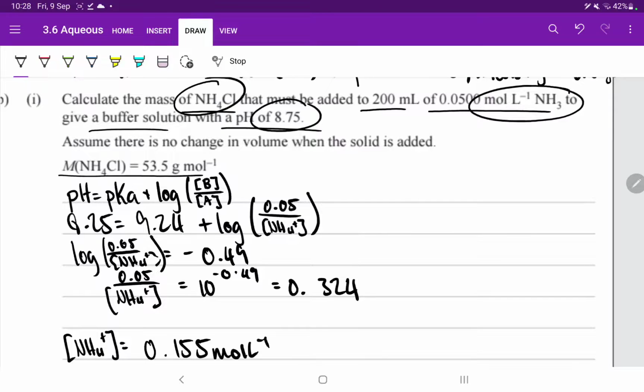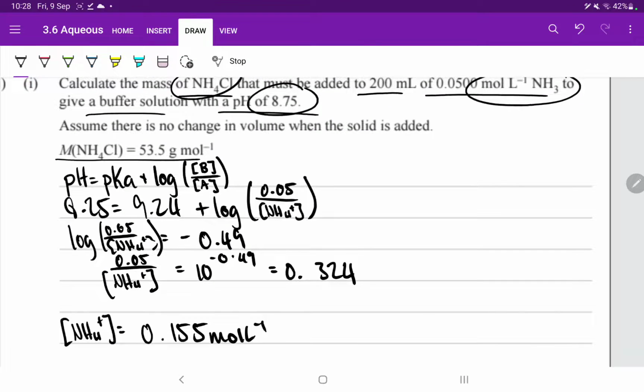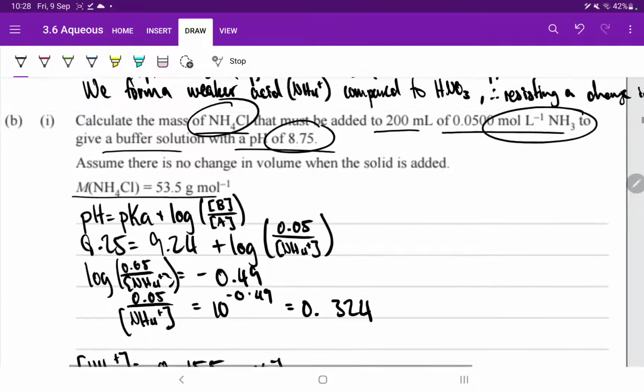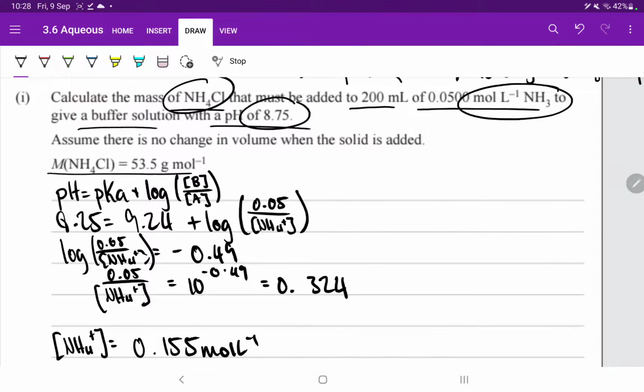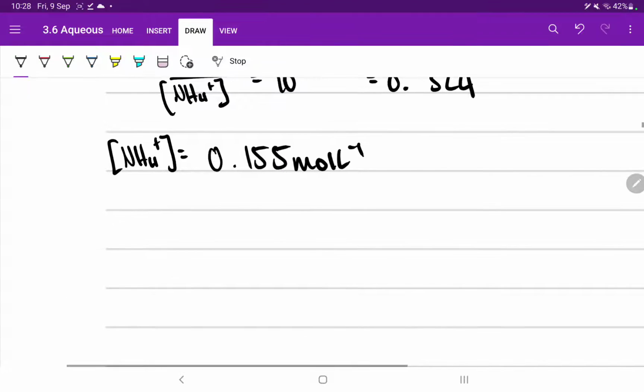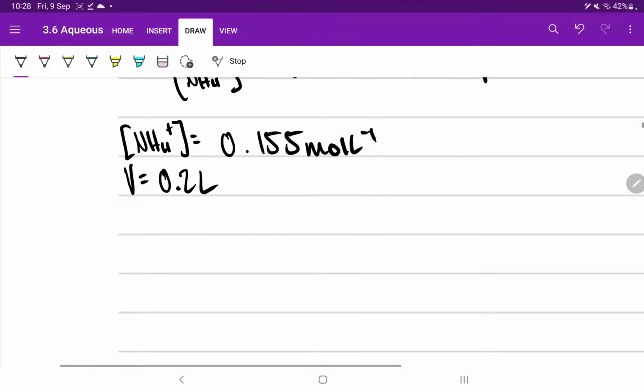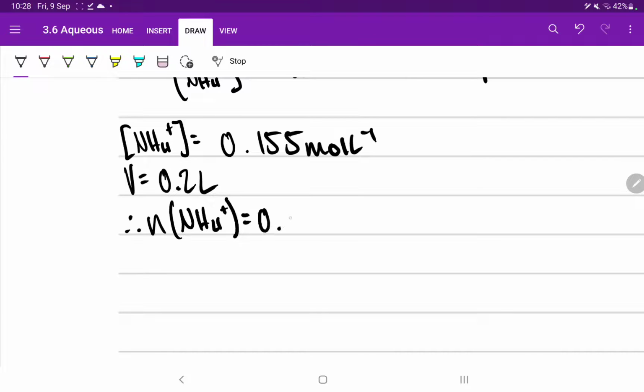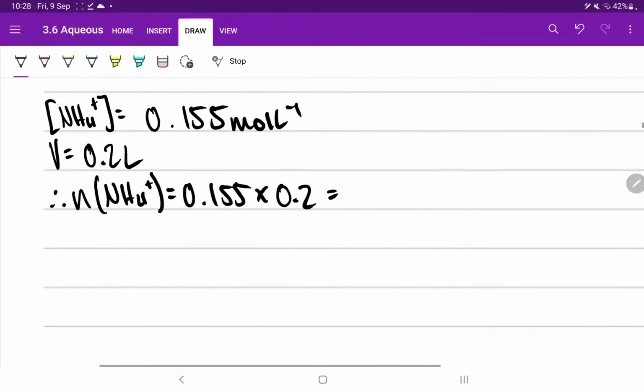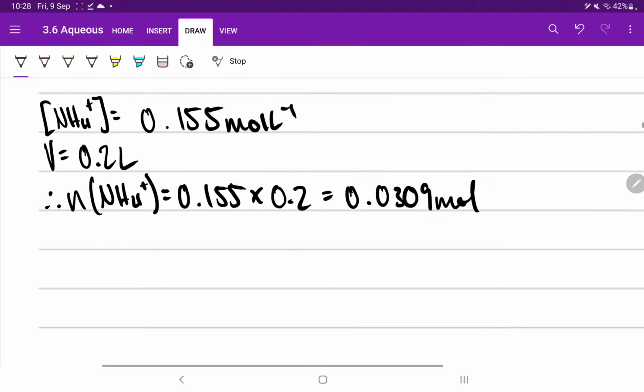Now we have the volume of 200 mL, so the volume is 0.2 liters. Therefore, the number of moles of NH4 plus is equal to 0.155 times 0.2, which is equal to 0.0309 moles.